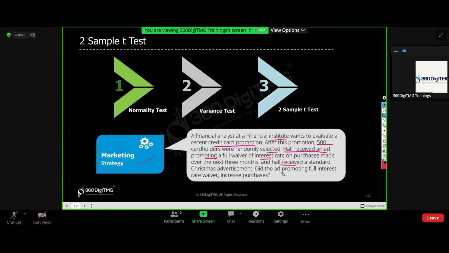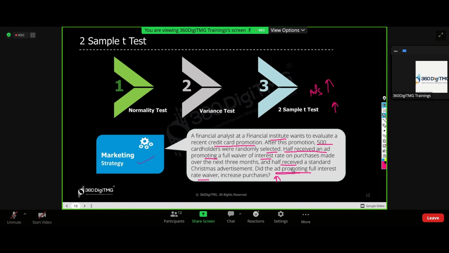Does it mean that this ad promoting full interest rate waiver increases the purchase of the credit card? This is something we are testing: whatever ad was used for the promotion of the card, was it effective to influence customers to make purchases of this card?